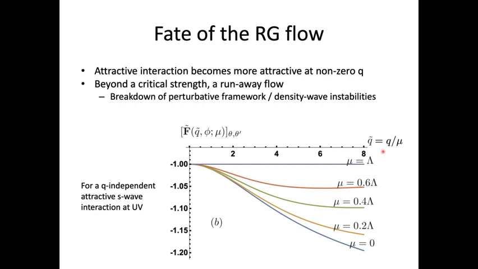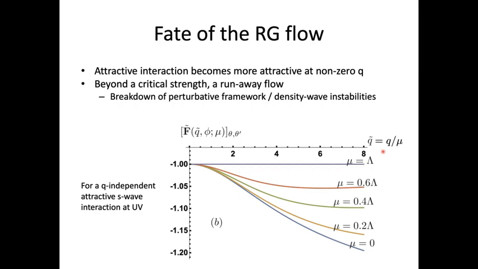But if the UV coupling is sufficiently attractive, the IR coupling function diverges, and it can diverge at certain Q first, okay? And the momentum at which the first divergence appears depends on the strength of the UV coupling and the band dispersion.